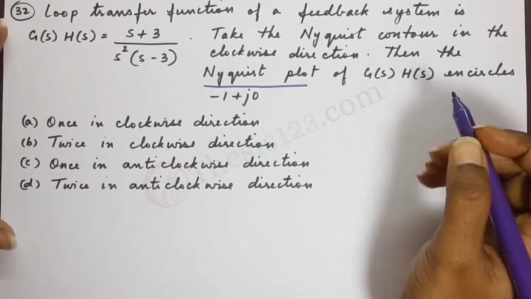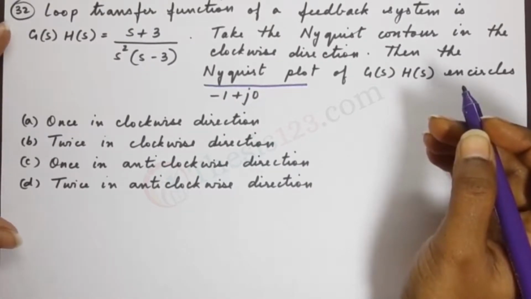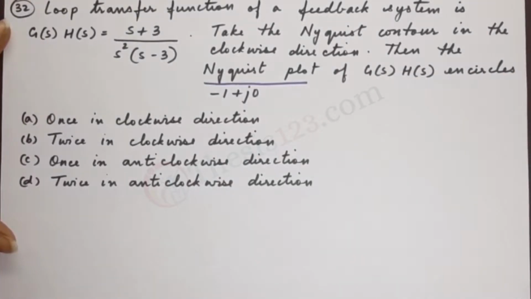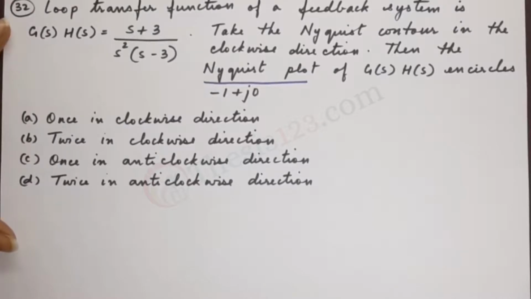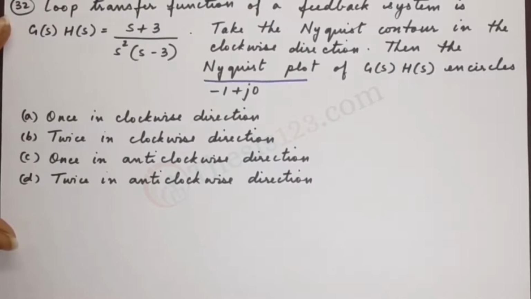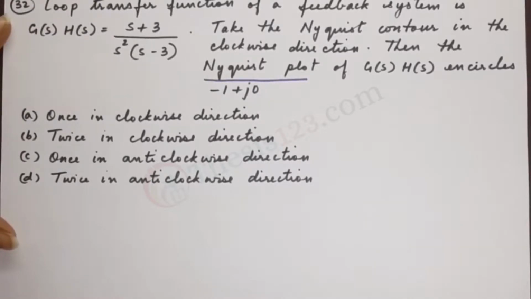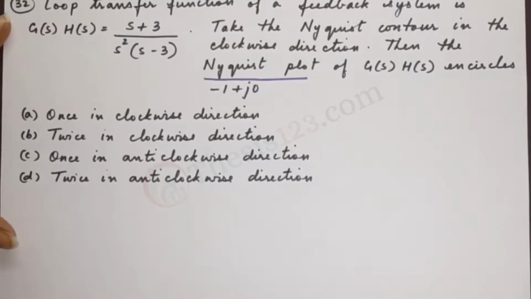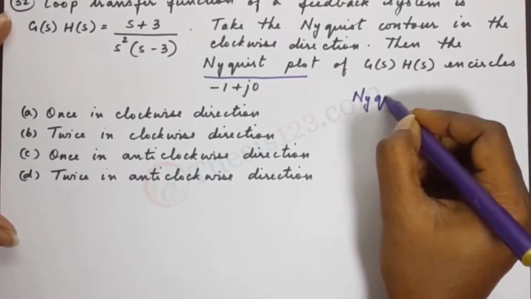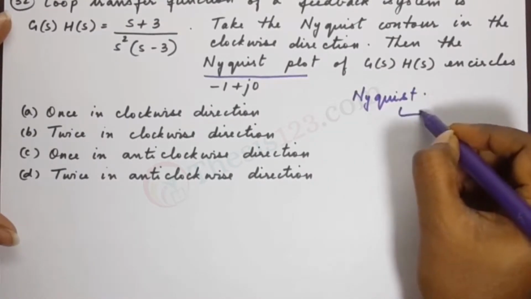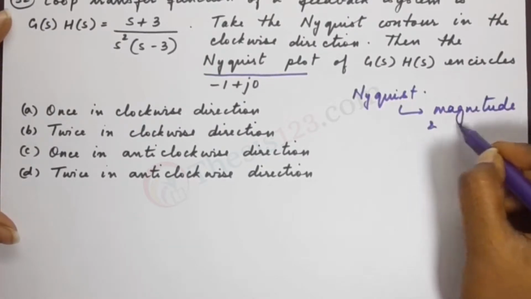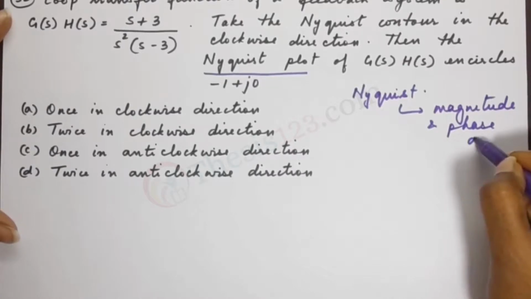To plot a Nyquist plot, we have to find both magnitude as well as phase. That is important for any feedback system given to us. In order to plot the Nyquist plot or a Bode plot perfectly, we have to find out the magnitude as well as the phase for a particular frequency. So for the Nyquist plot, we need both magnitude and phase angle.